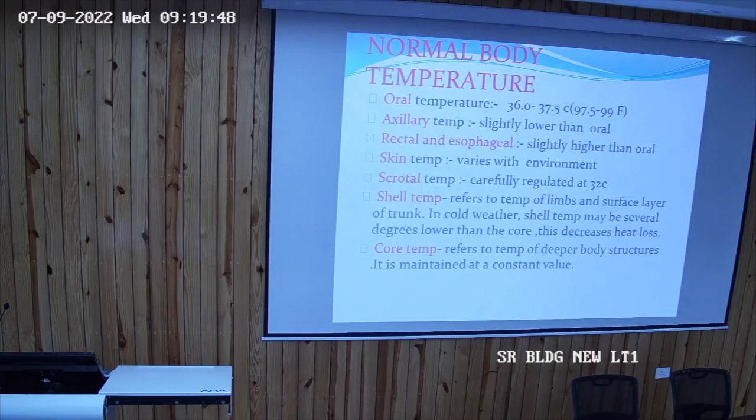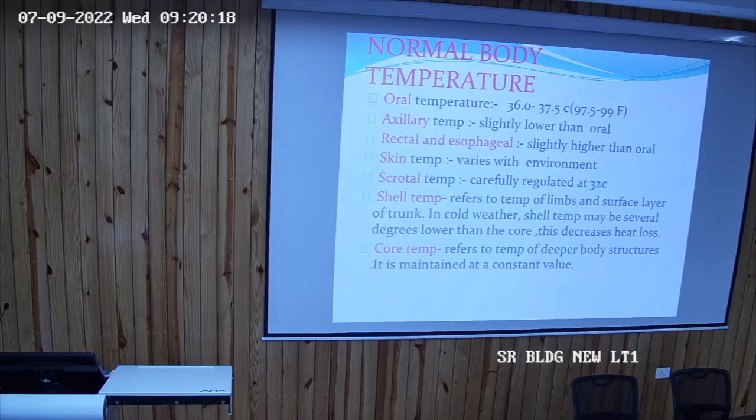When we were using clinical thermometers, they could be placed orally or in the axilla, but the rectal site was the most inconvenient, so it was not feasible. The only places where the clinical temperature could be taken were oral or, in some cases, axillary. The most authentic core temperature can be taken through the rectal area only.